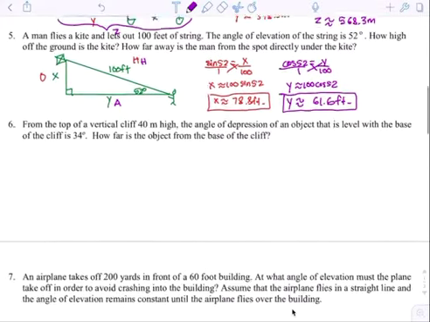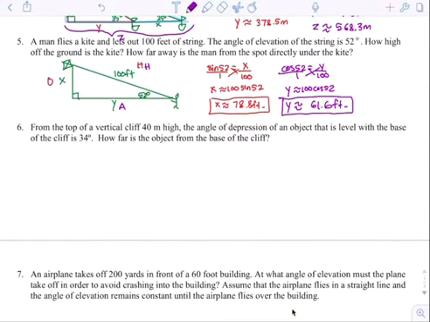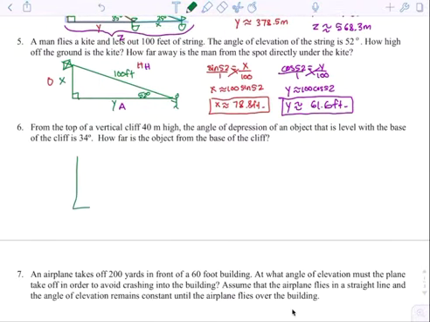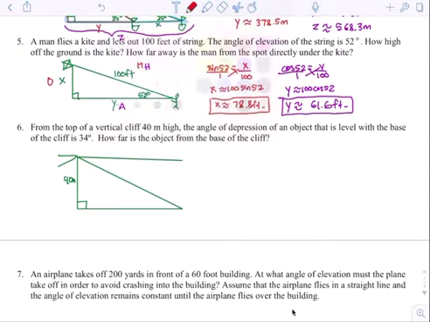Number 6. Okay, from the top of the cliff, which is 40 meters high. So let's draw a triangle. Okay, there's a cliff, 40 meters high. Angle of depression, right? So here's the angle of depression, which is 34 degrees, but you know that's also the same as the angle of elevation.